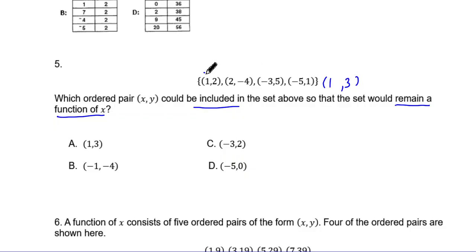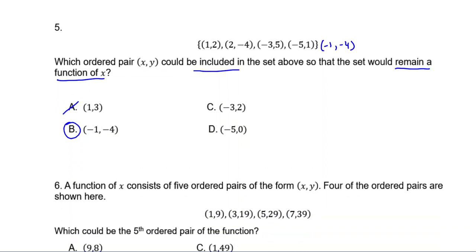Because then the 1s would be repeating, okay? So that cannot happen. Let me see, negative 1, is there a negative 1 here? No, I think it's B. Because if I put negative 1, negative 4, I don't have a negative 1, so the domain is not repeating. Negative 3 would repeat, negative 5 would repeat, so yeah, it's B.